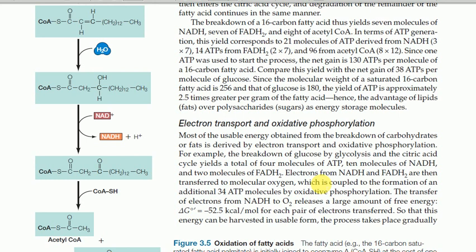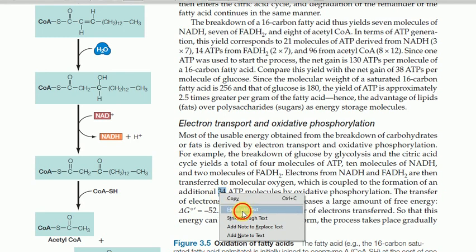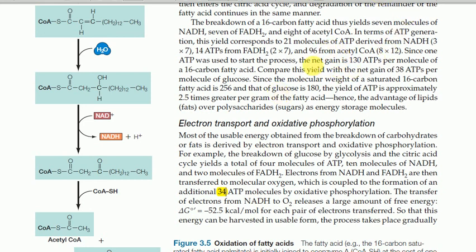So hizo 10 molecules of NADH and 2 molecules of FADH zinaenda kutengeneza how many? 34 ATP kama tulivyosema kule mwanzoni, 34 ATP in the electron transport chain. So adding 34 plus 4 ATP from Krebs cycle and glycolysis directly, we are getting 38 ATP.